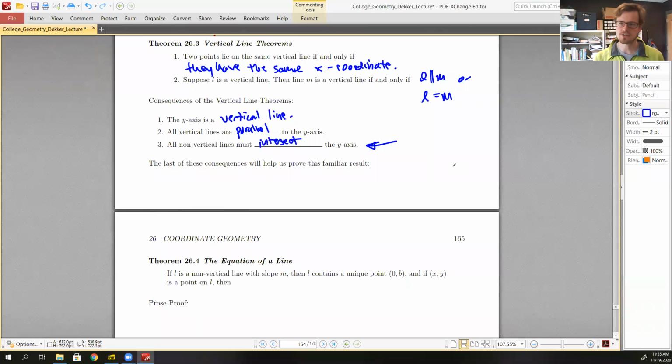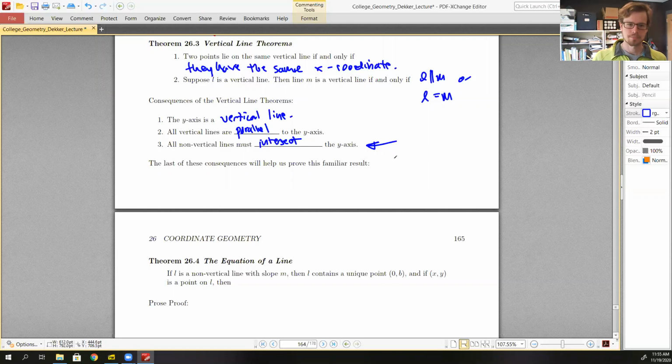So it's not just about a line that's vertical having the same x coordinate, and of course two vertical lines being parallel to one another. We're saying a little bit more than this. We're again emphasizing, or discussing implicitly, the fact that there is an orientation to the plane.